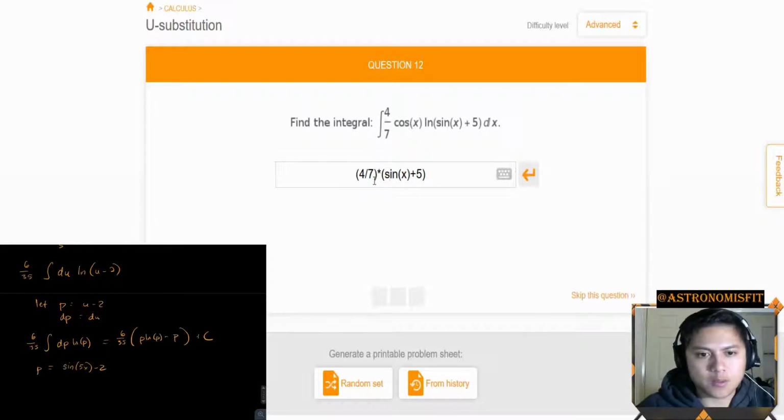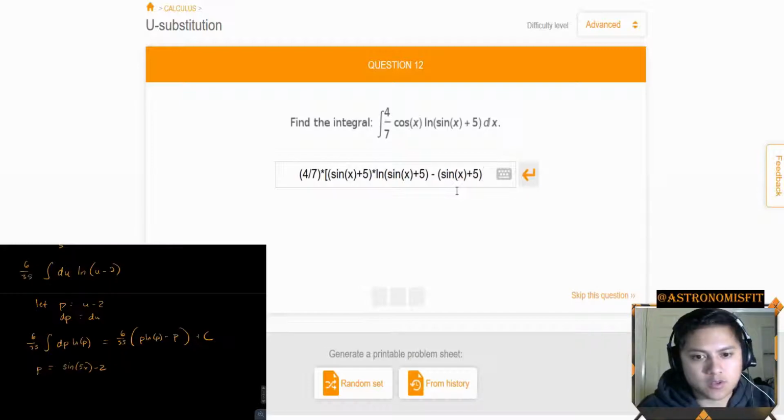I'll put a bracket around this so I remember. That's u times log of sine x plus 5, so that's u times log u minus u, which is sine x plus 5. Like that. Plus c.